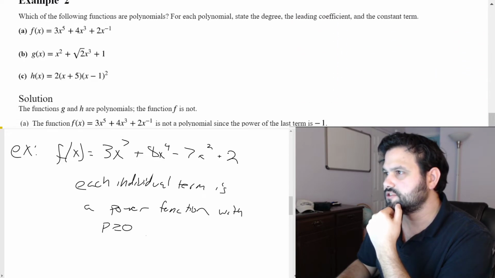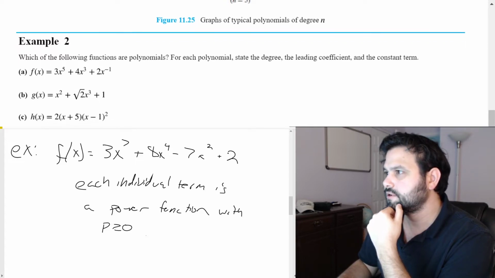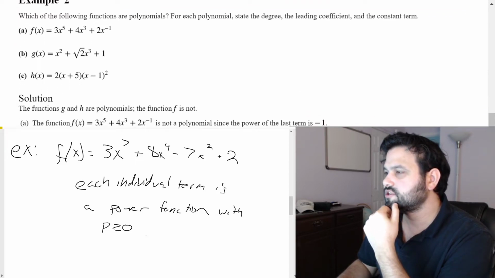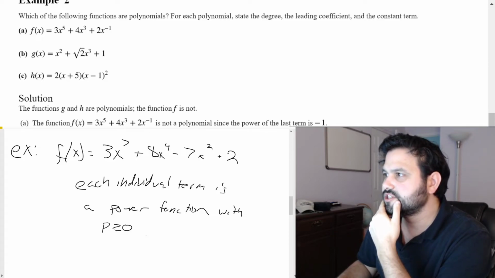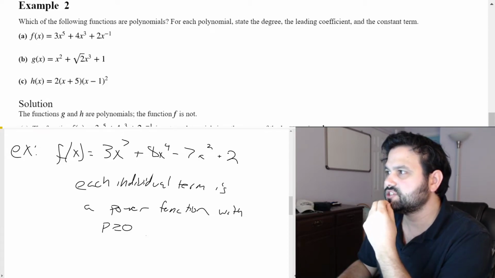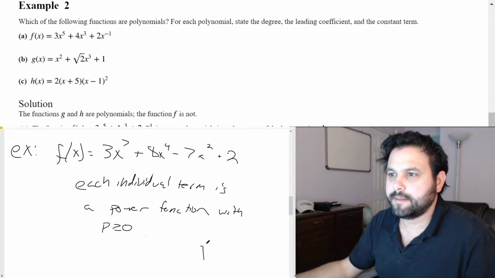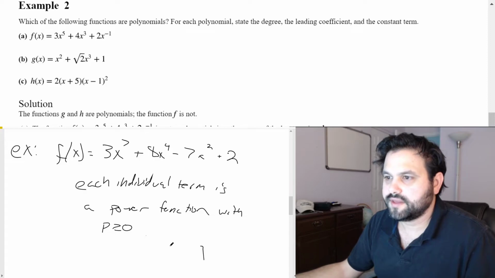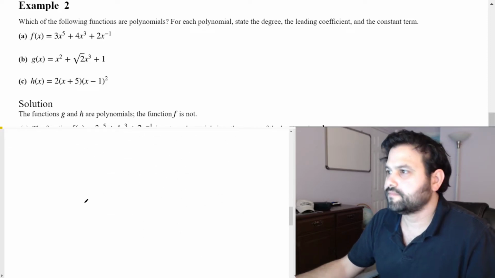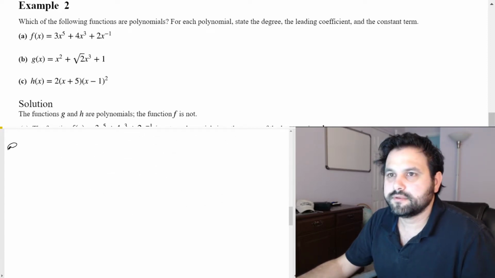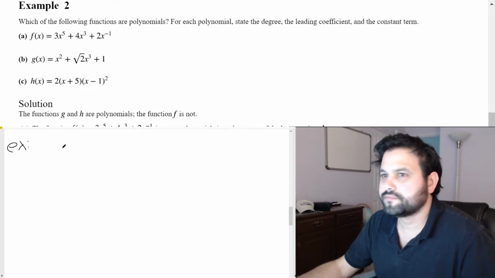So let's take a look at example 2 here in the book. Which of the following functions are polynomials? For each polynomial, state the degree, the leading coefficient, and the constant term. Okay, let's do that. F of x equals 3x to the 5 plus 4x cubed plus 2x to the negative 1.